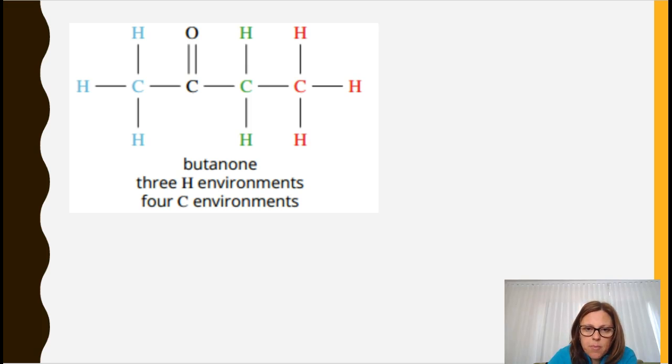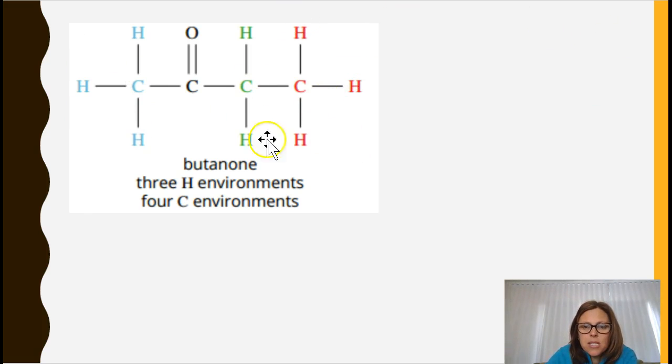Now let's have a look at the carbons. If I was looking at a carbon NMR, this carbon here is attached to a carbonyl group as well as the hydrogens. That's one environment. Here, this carbon is attached to a CH3 group and a carbonyl group, so it's different to this group and to this group here.